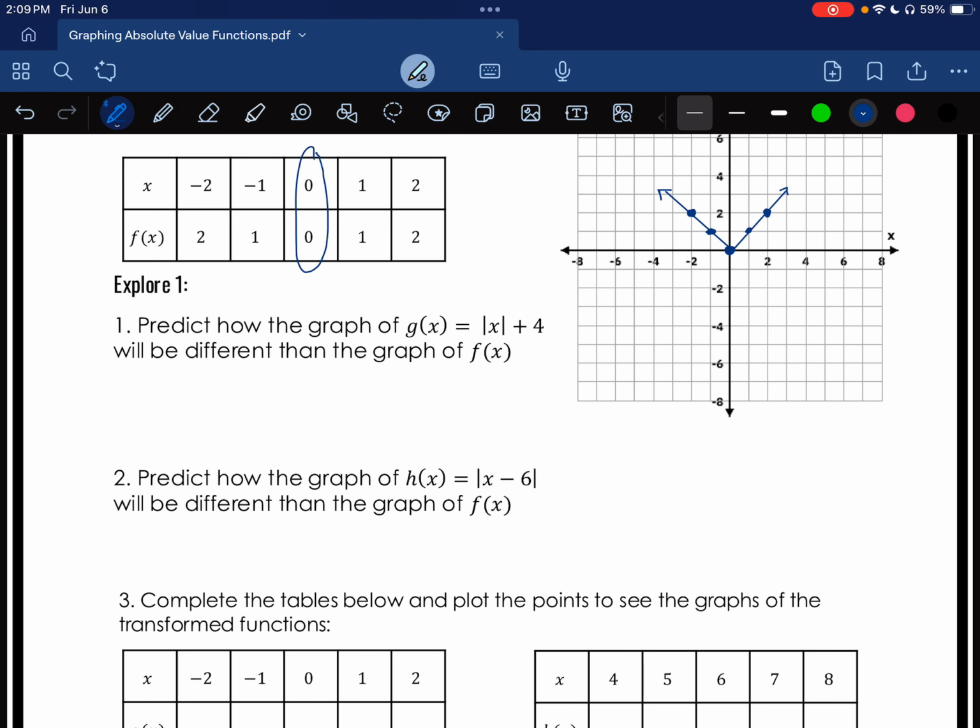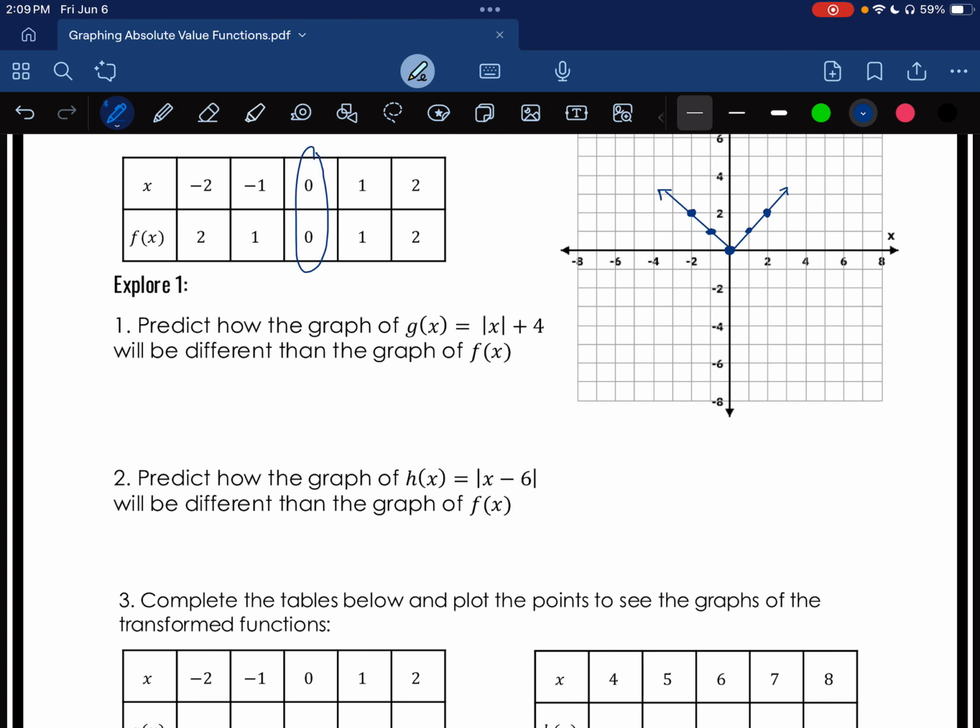For the explore portion, I want you to predict how the graph of g of x, the absolute value of x plus 4, will be different than what we just plotted, and how h of x, the absolute value of x minus 6, all within the absolute value, is going to be different from the graph of f.